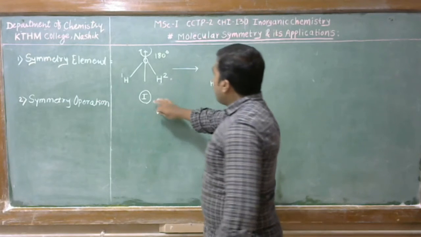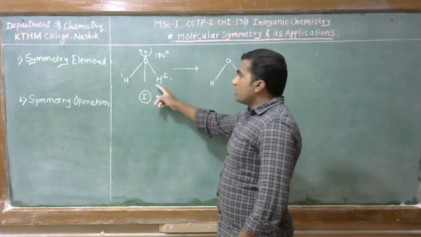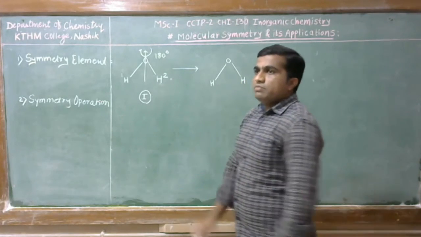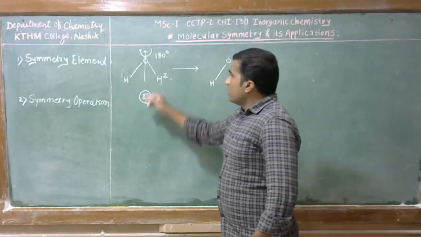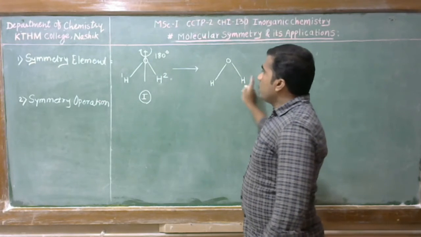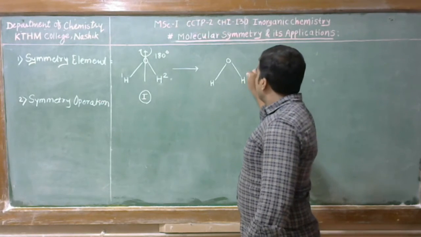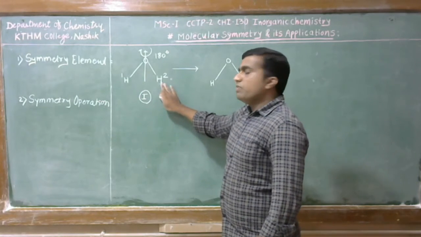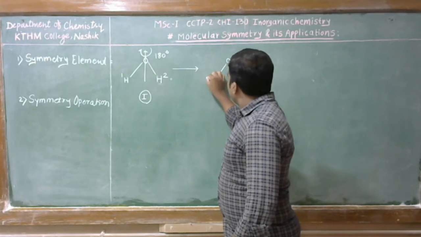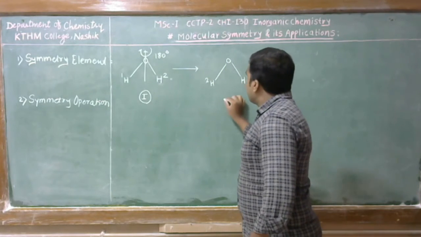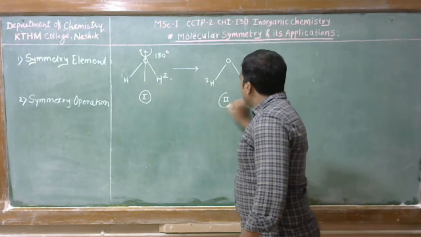Hydrogen number 1 will take the position of hydrogen number 2, and hydrogen number 2 will take the position of hydrogen number 1. Suppose this is configuration number 2.